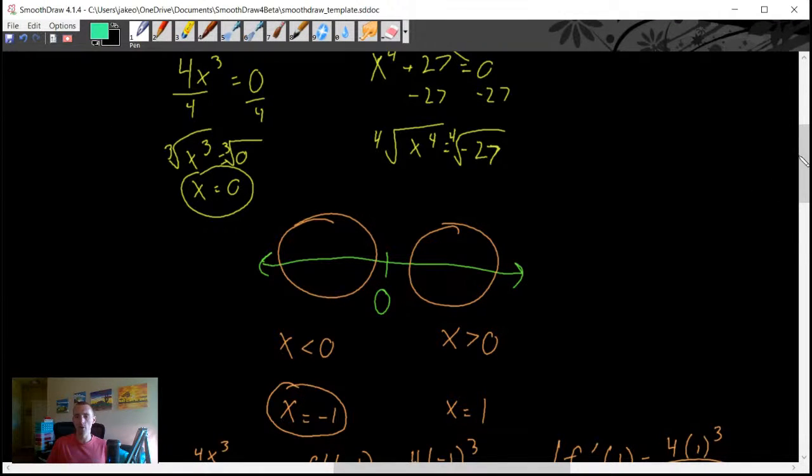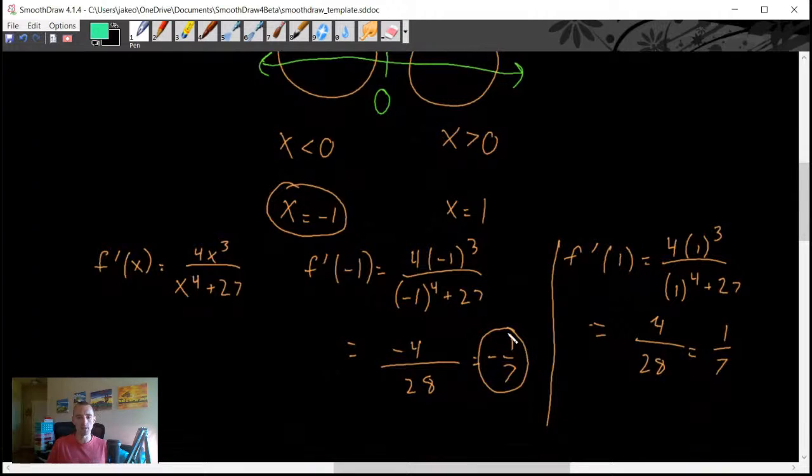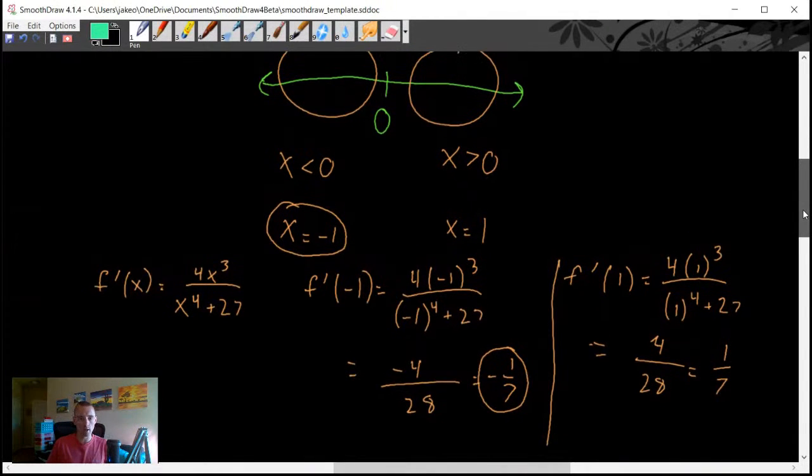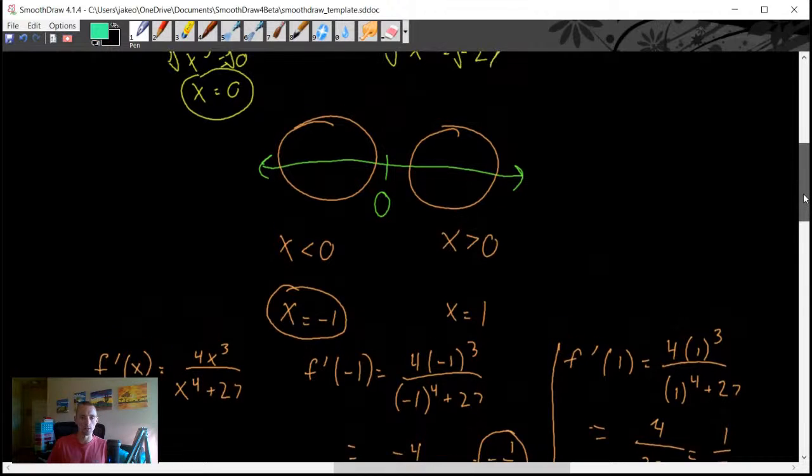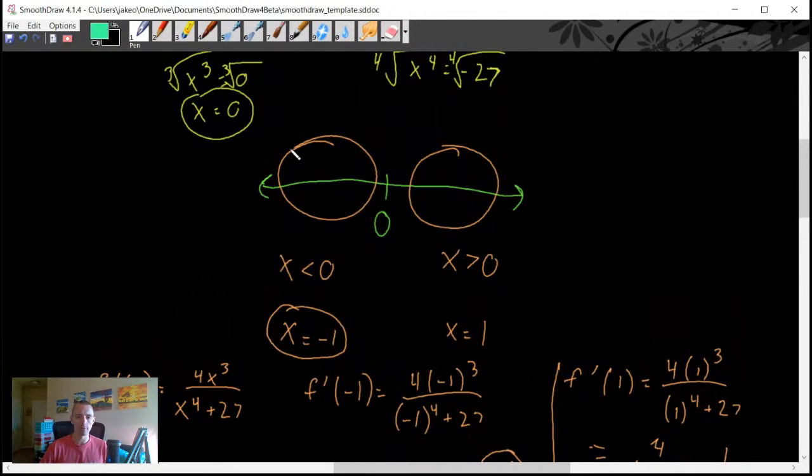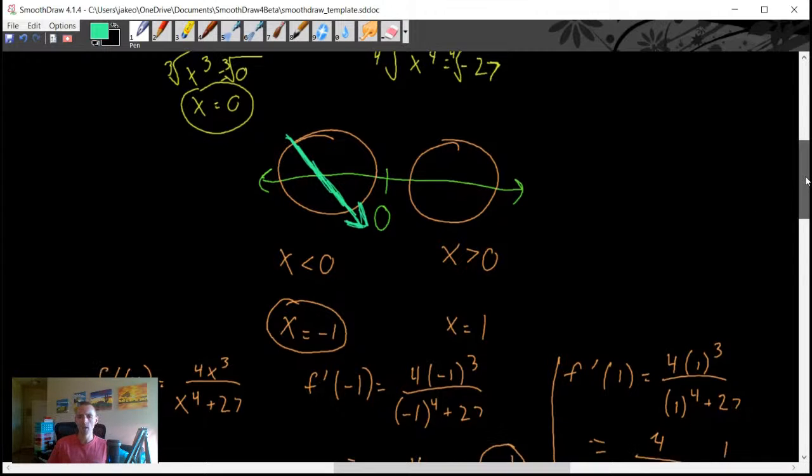So in this case, if we know that f prime is a negative number at x equals -1, the slope of f must be negative at x equals -1. So if the slope of f is negative, that means it's decreasing at that point, right? So our function f is decreasing for all x values within this interval over here, okay?